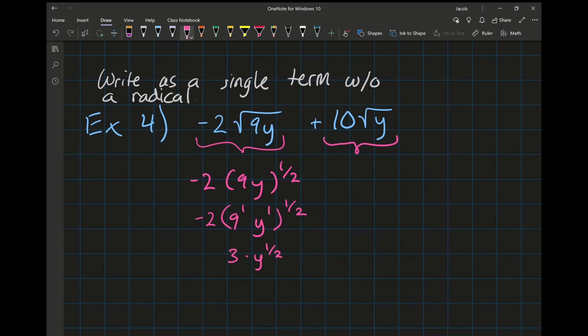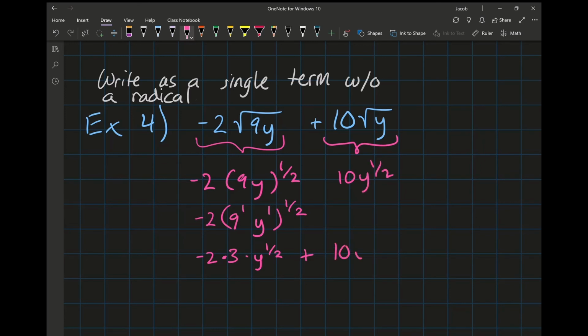I know that's the long way of doing it, but it's important that you understand the ins and outs, and we're just multiplying this -2, so we'll leave that out front for now. And then we're adding that to 10 times y to the 1/2.